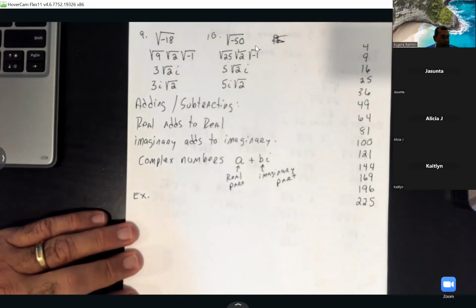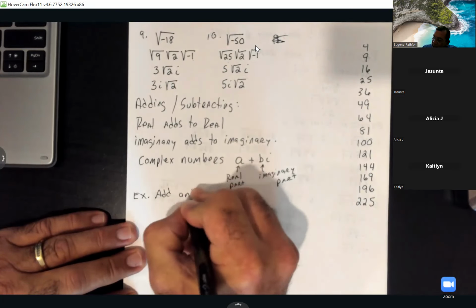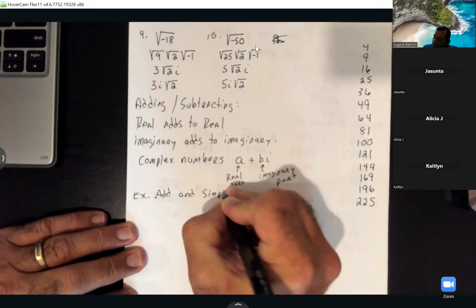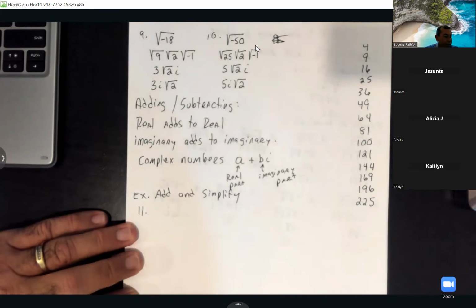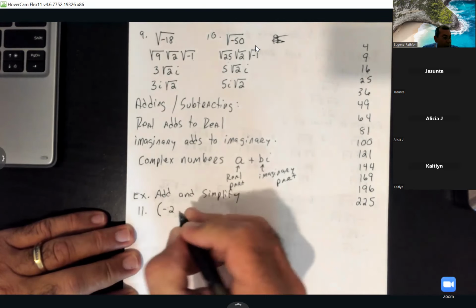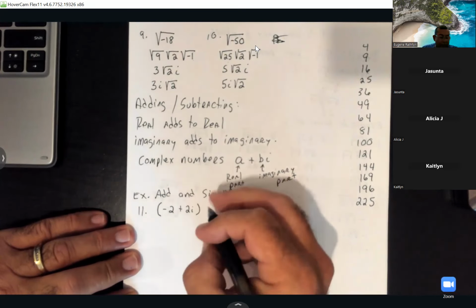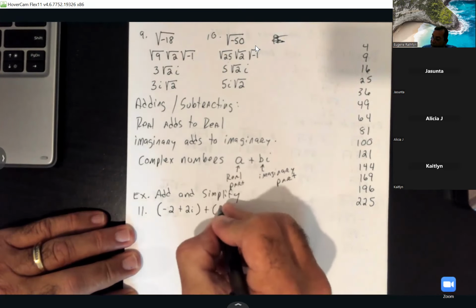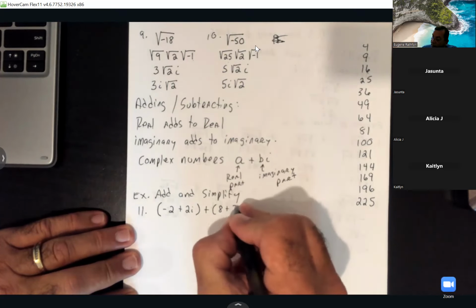So let's see. It looks like I got 2 to add and 2 to subtract. So the first two, we're going to say add and simplify. So I got -2 plus 2i added to 8 plus 3i.